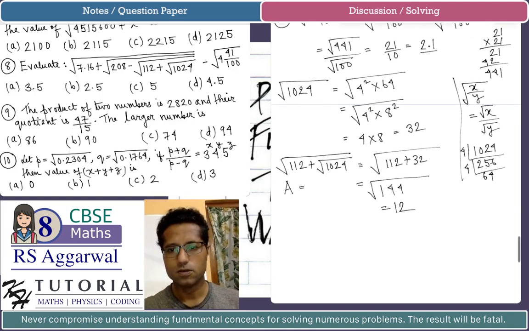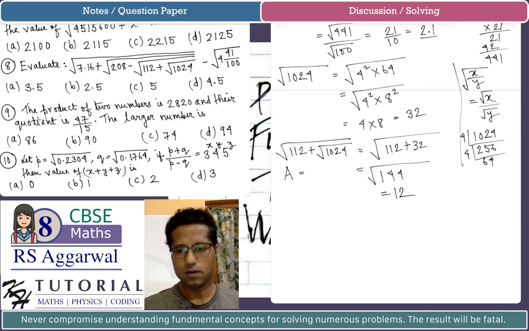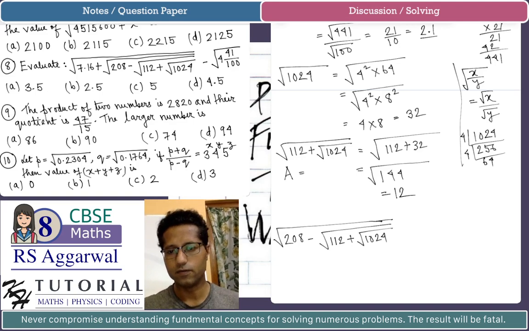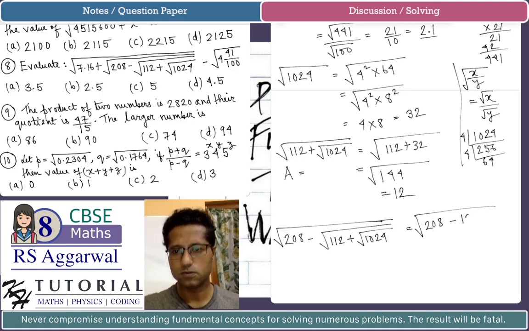Now what will be the square root of 208 minus the square root of 112 plus square root of 1024? I am solving this problem in a really peculiar manner, but I hope you are getting the idea. We have already found this, so this will be the square root of 208 minus 12.